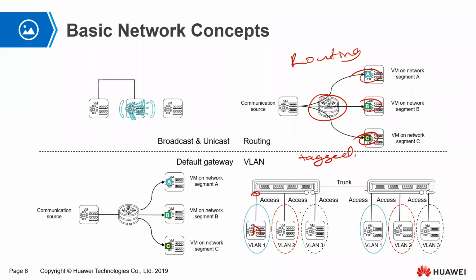Otherwise, it will discard it. Remember, we said that this guy only transfers tagged frames. So let's say this guy here, B, is sending a packet to A, and they are within the same VLAN ID, right? They're within the same VLAN ID.